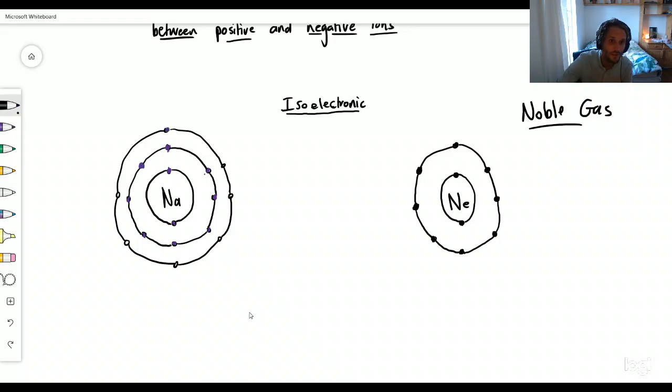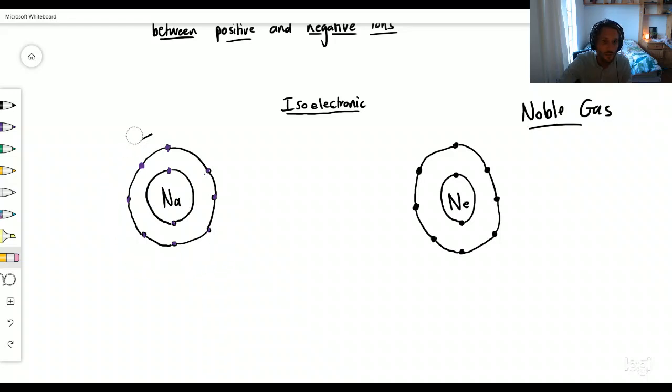We know that this electron is going to be removed so that sodium is much happier. And if it gets removed, say for example chlorine takes it, then it becomes isoelectronic. In other words, it will appear to look the same as neon.